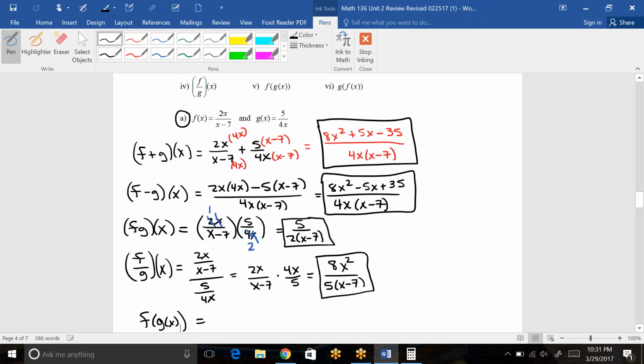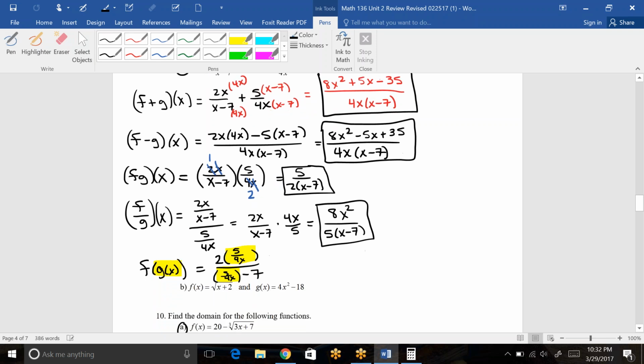So you come up here and you read this as 2 blank over blank minus 7. The blank, remember, is going to be g of x. So that's what I'm going to fill into those two spots. My g of x was 5 over 4x. And I'll move this down so you can see it a little bit better.